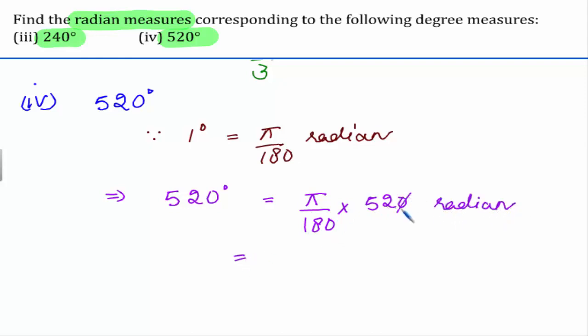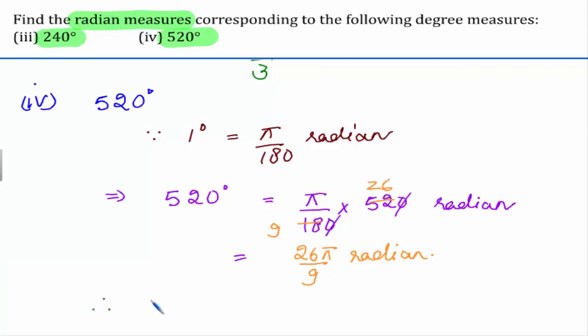So this is equal to, now cancelling. Now 2 is the common factor. So 2 9s are 18. 2 into 26 gives 52. Therefore we have 26 pi divided by 9 radian.